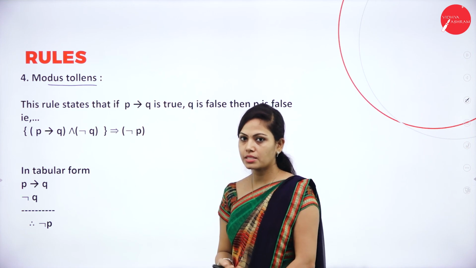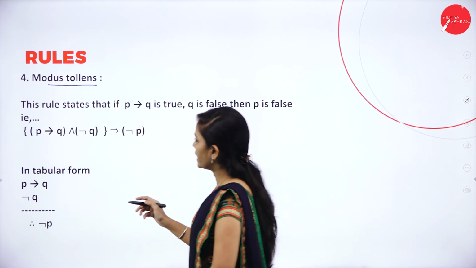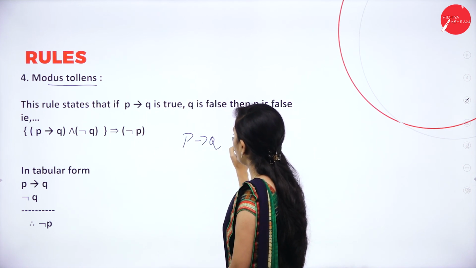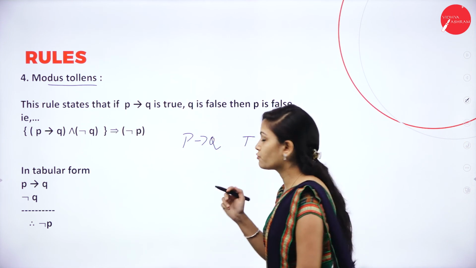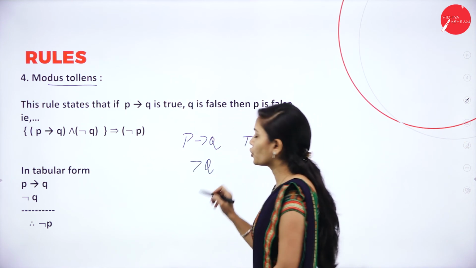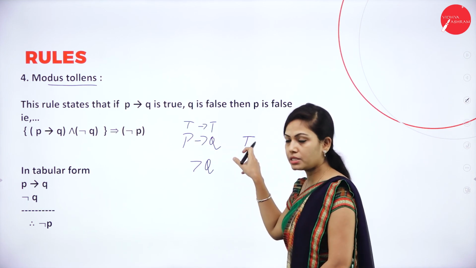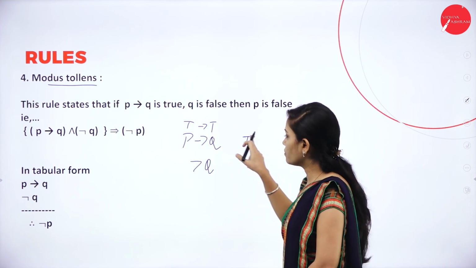Modus ponens is different. Modus tollens is different. This tollens rule states that if P implies Q is true, and Q is false, meaning negation Q. If P implies Q is true, then if P is true, Q must be true. Otherwise, we will get a false condition.